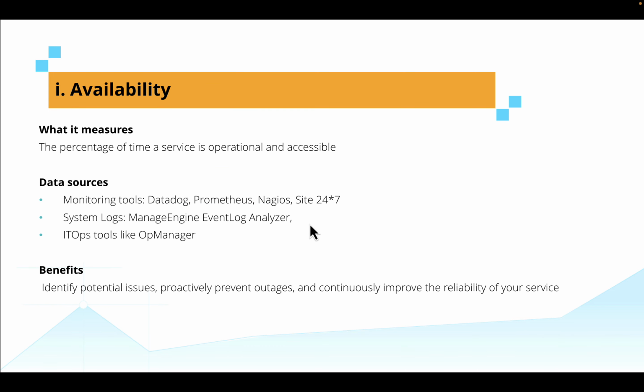So let's dive in. The first metric that we'll be measuring today is availability, which helps you ensure continuous service operations. Availability, as you all know, is a common metric that measures the percentage of operational time and is a critical indicator of resource accessibility. Simply put, availability answers the question: is the resource or service accessible when my user needs it?